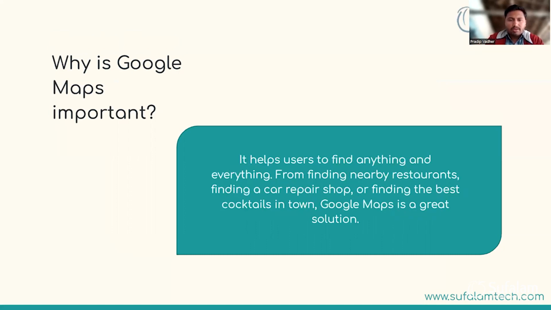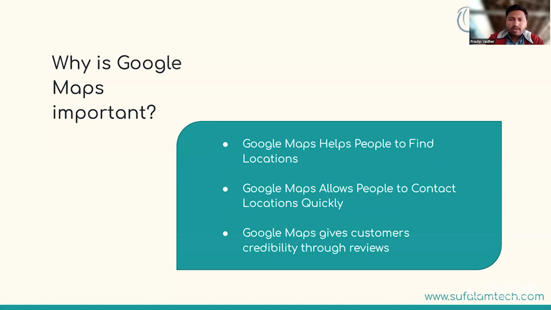It helps users find anything and everything, from nearby restaurants and car repair shops to the best cocktail in town. Google Map is a great solution. Basically, you can find any business location or any repair shop or ATMs, petroleum stations with the help of Google Map.